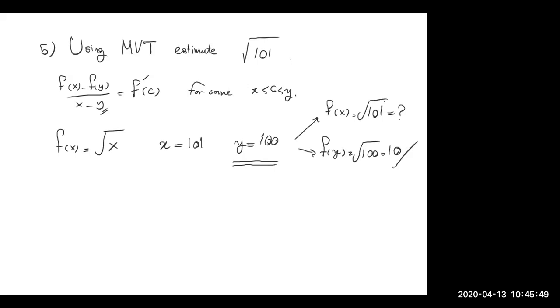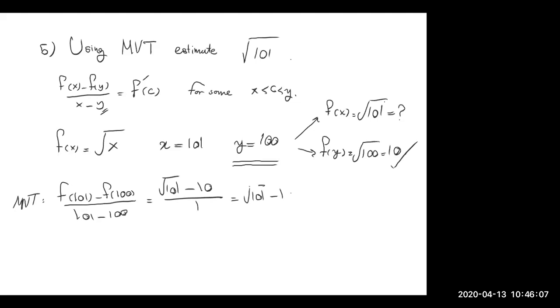So the mean value theorem says (f(101) − f(100)) / (101 − 100), which is the square root of 101 minus 10 over 1, is equal to the derivative of the function at some point c.